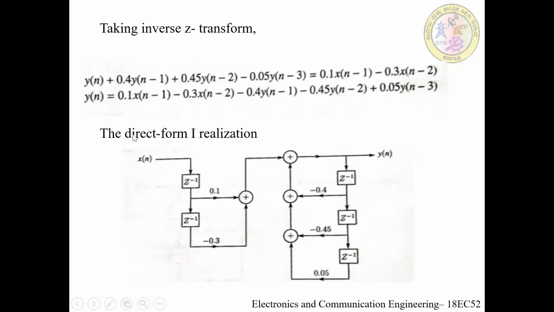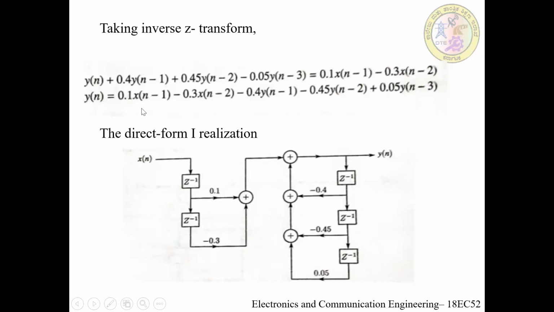So if we apply the direct form 1 realization, we obtain y of n just by multiplying 0.1 with x of n minus 1, plus minus 0.3 into x of n minus 2, plus minus 0.4 into y of n minus 1. So here it is y of n minus 1, y of n minus 2 and y of n minus 3.